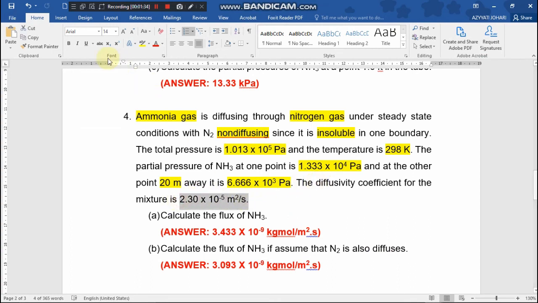They give you the value of DAB. The first question for question number 4 is to calculate the flux for NH3, which for one component diffusion or non-diffusing component is denoted as N. So this will be NA because NH3 is component A.